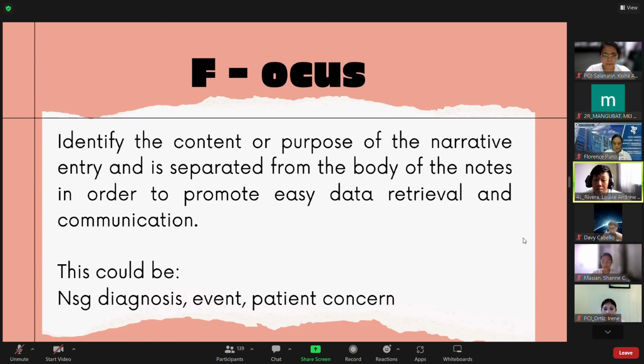This could be a nursing diagnosis, for example ineffective airway clearance. It could also be an event like admission, transfer to another ward, discharge, or teaching, or a patient concern like code blue, vomiting, or coughing.